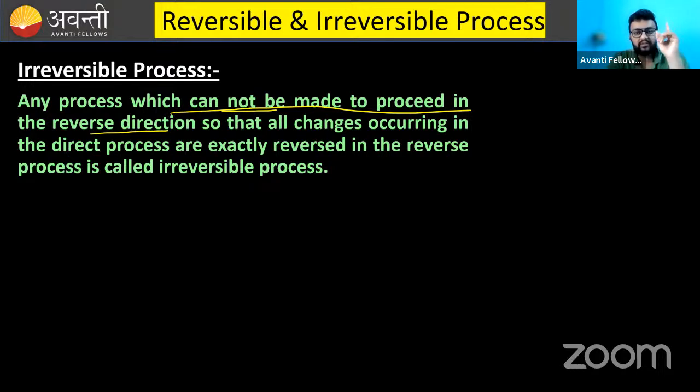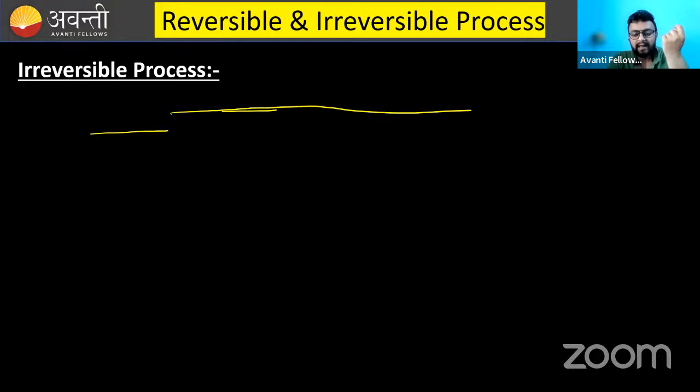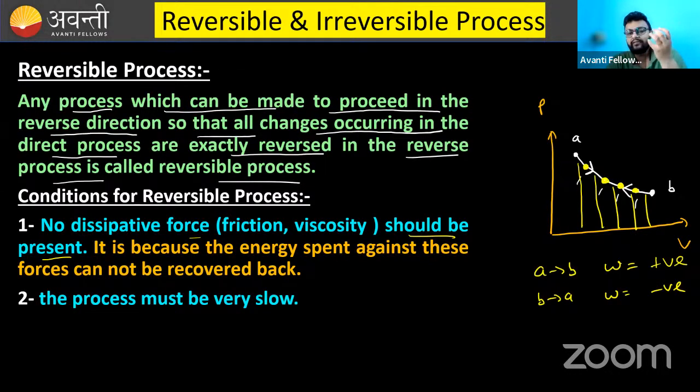So we have considered reversible and irreversible processes. One more thing that you should know is that any process in real life is not reversible, or you can say no process is reversible in real life. You can mention this line. This is an ideal concept. So no real process is reversible.